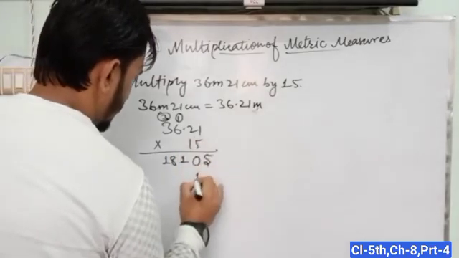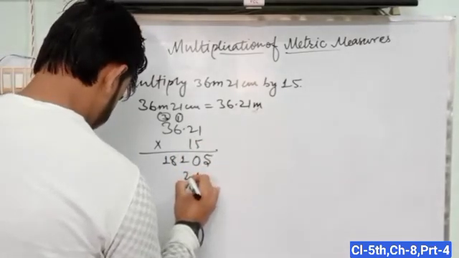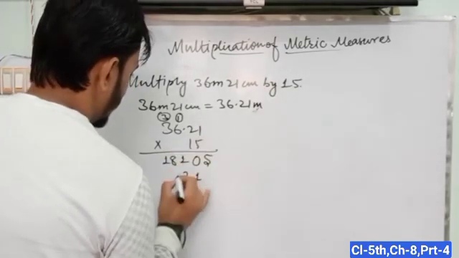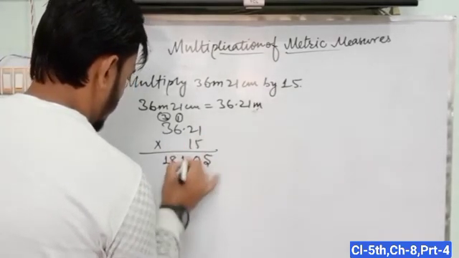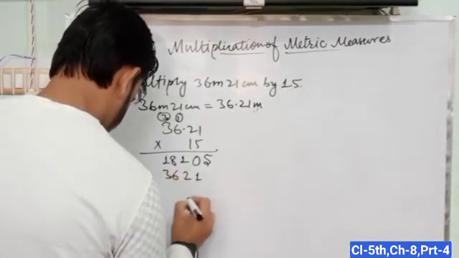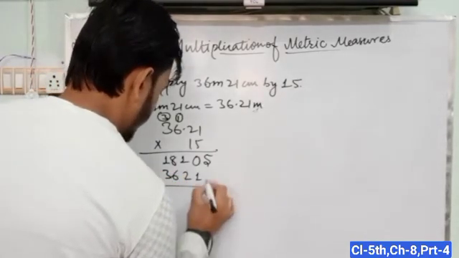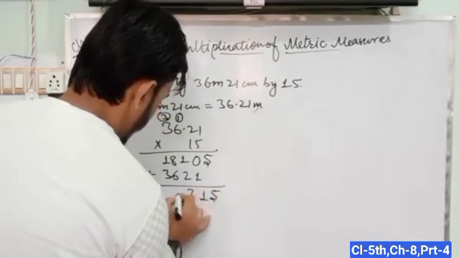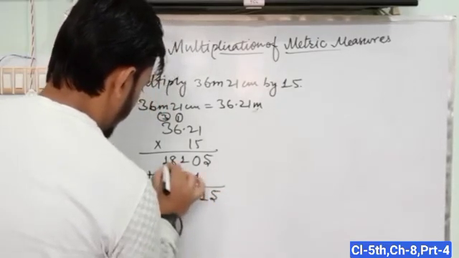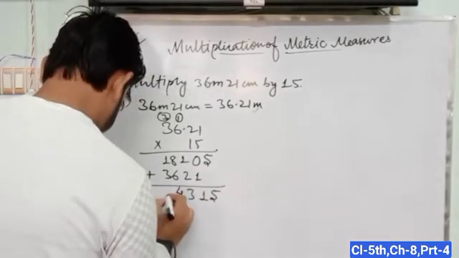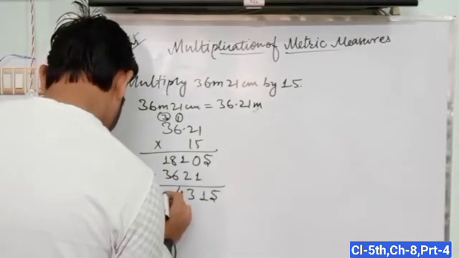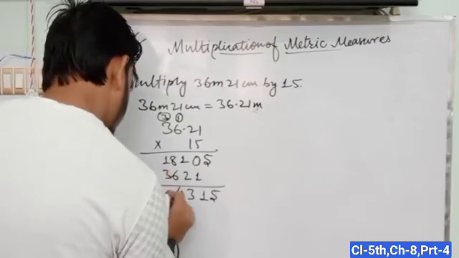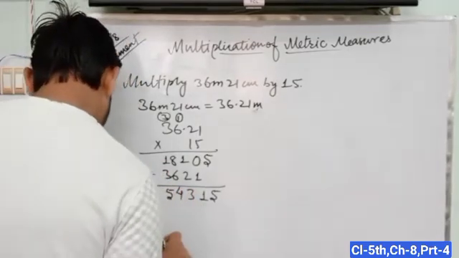Now 1 ones are 1, 1 twos are 2, 1 six 6, 1 three 3. Now add them. 5, 1, 3, 8, 6, 14, 3, 1, 4 and 1, 15 and 1, 3, 1, 4 and 1 is equal to 5.